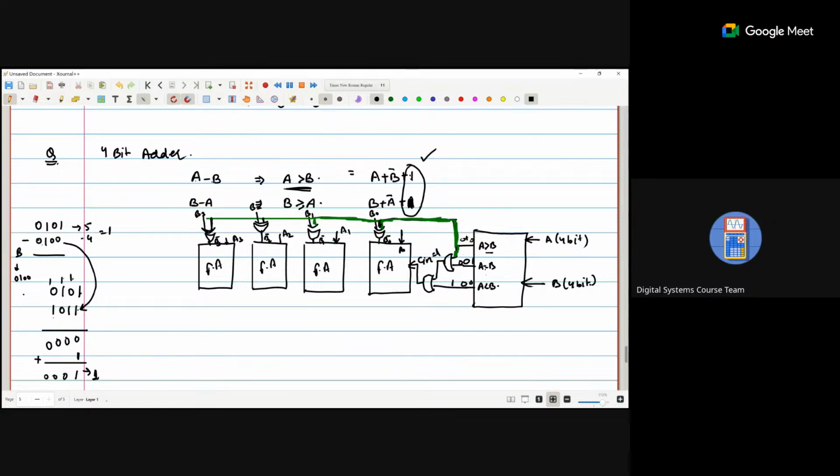Now the second case is A less than or equal to B, sorry, B greater than or equal to A. B greater than or equal to A is this point or this point, so I just use one OR gate for these two.